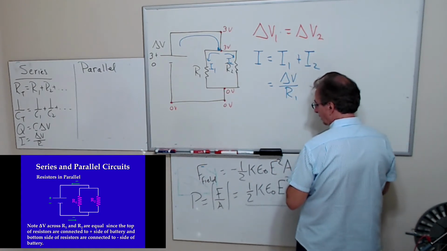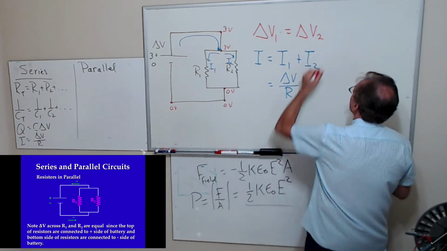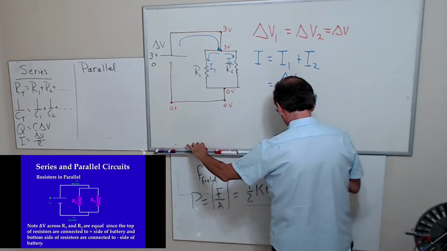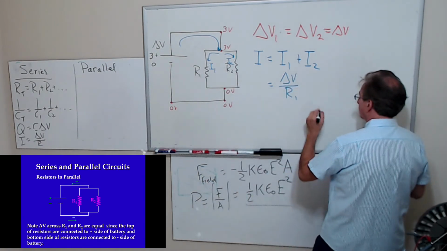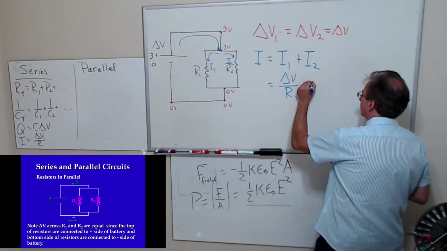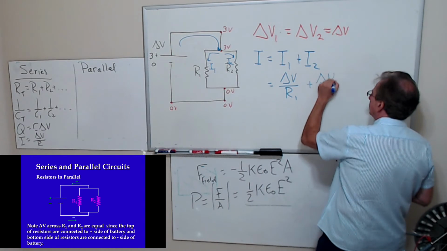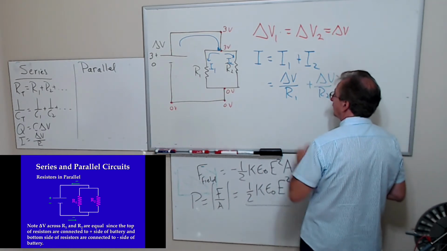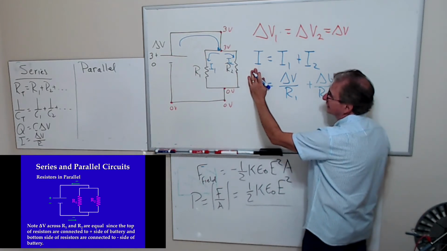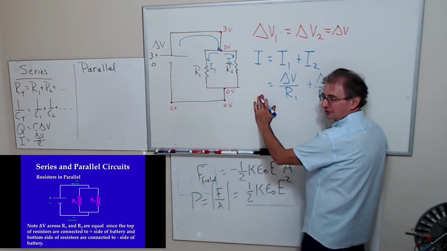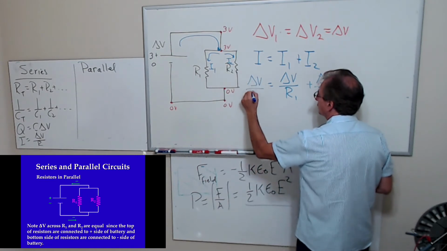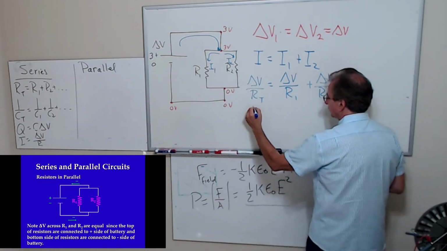By the way, I forgot to write that. We can write this as delta V over R1 plus delta V over R2. And of course, if I want to replace these two resistors with a single one, I can write this side as delta V over R total. And the V's cancel.